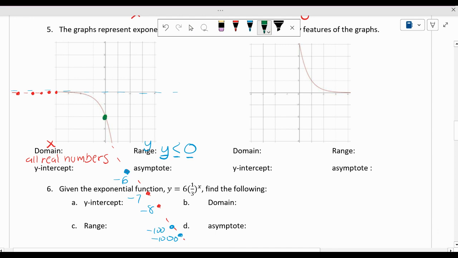If you look at it, what's that number? That's 0, comma, negative 2. Last question is the asymptote. I drew that in right there. What's that blue dashed line, that imaginary line that our graph doesn't touch? That line is y equals 0.